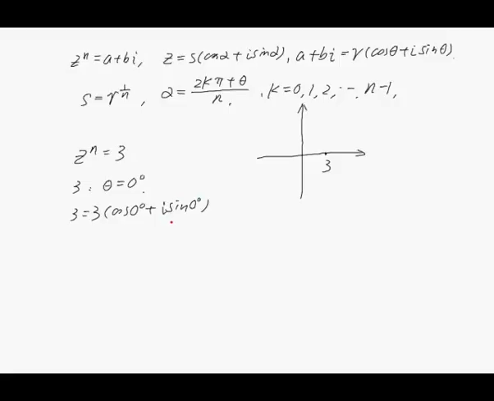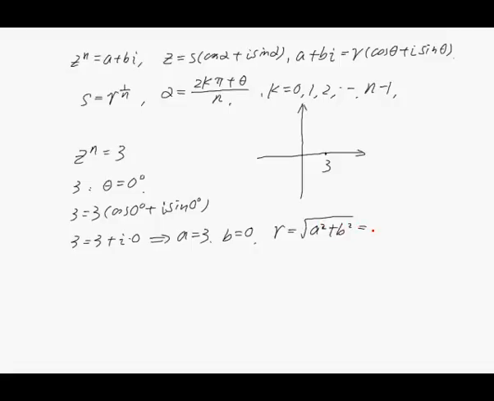If you still want to use the formula for finding the argument, you may do it in such a way. Say, in this guy, 3 is equal to 3 plus i times 0, right? So that means you have a equal to 3 and b is equal to 0. And then your r is equal to the square root of a squared plus b squared.